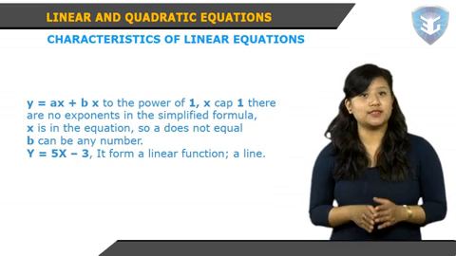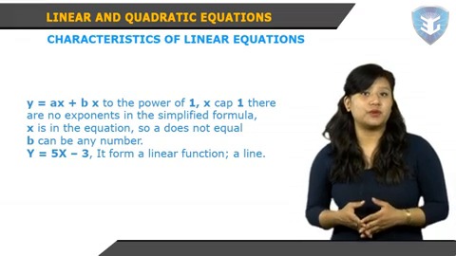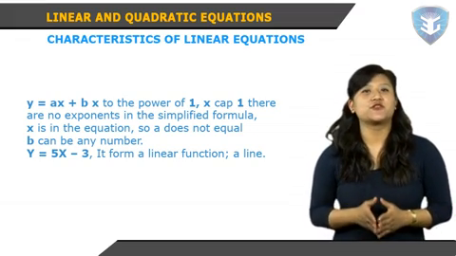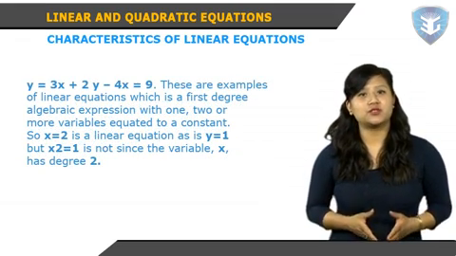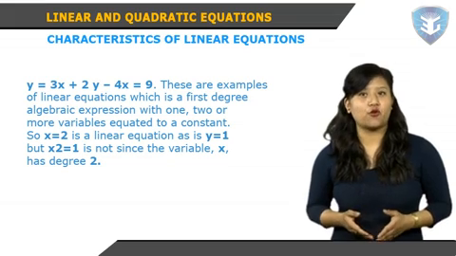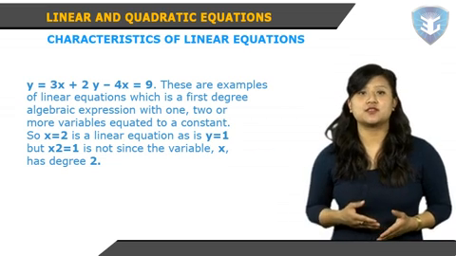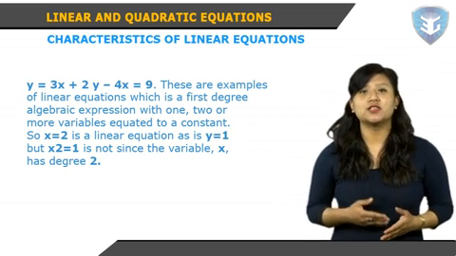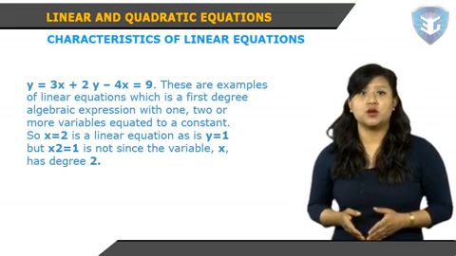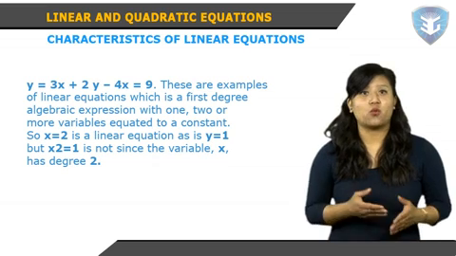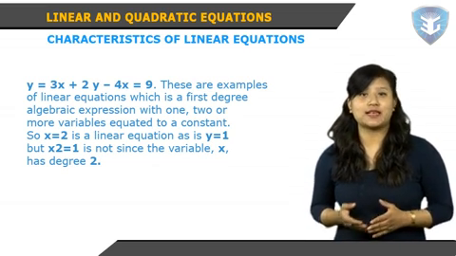There are no exponents in the simplified formula. x is in the equation, so a does not equal 0, and b can be any number. y equals 5x minus 3 forms a linear function, a line. y equals 3x plus 2, and y minus 4x equals 9 are examples of linear equations, which are first-degree algebraic expressions with one, two or more variables equated to a constant. So x equals 2 is a linear equation, as is y equals 1, but x squared equals 1 is not, since the variable x has degree 2.